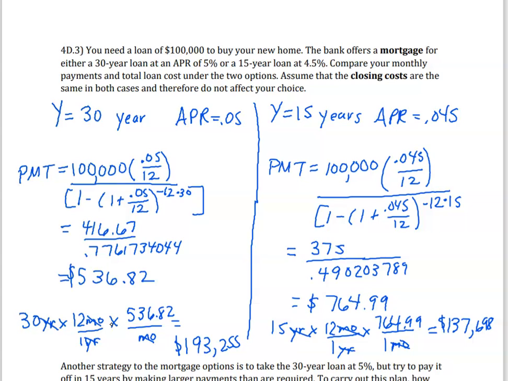So this one is obviously a lot less money than this one over the total cost. This is about $37,000 more than $100,000, and this is $93,000. So if at all possible, and you can bite off that extra about $200 a month, you want to go with a 15-year loan.